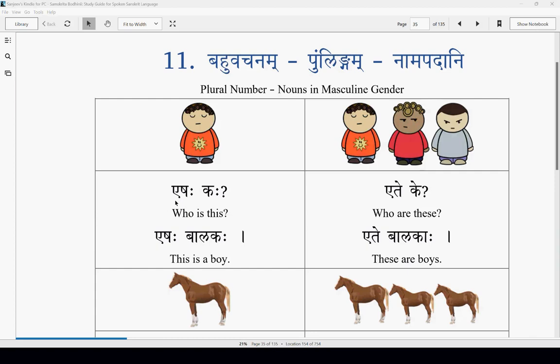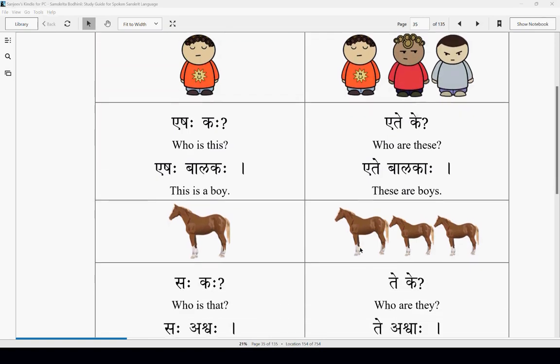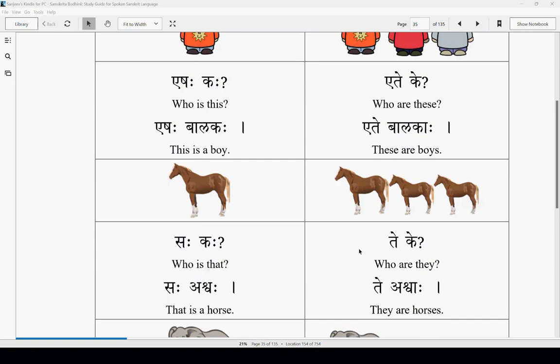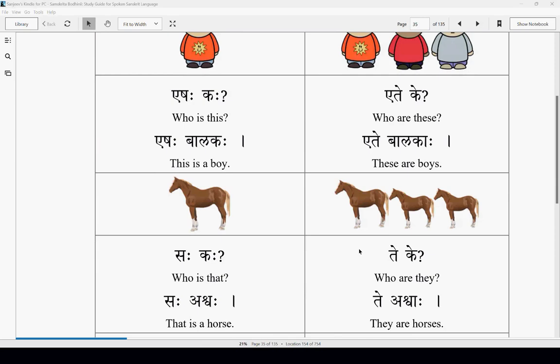Eshah means this, that is what we have studied before. Kah means who in pullinga, masculine. Keeping the same linga, if you want to use it in plural, then eshah changes to ete, kah changes to ke. Looking at the picture, we have eshah balakah, and in plural ete balakah. Same with ashwah, ete ashwah.